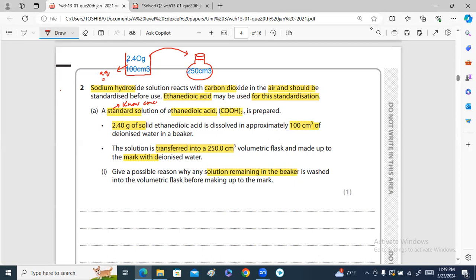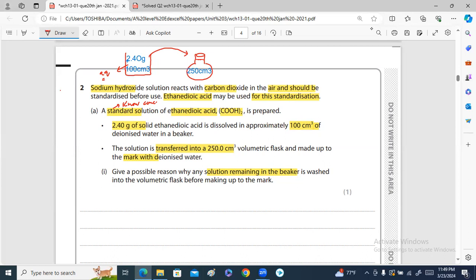Now the first question is: give a possible reason why any solution remaining in the beaker is washed into the volumetric flask before making up to the mark. Now we have to shift all the amount of ethane dioic acid, which was dissolved in 100 centimeter cube, into the volumetric flask.